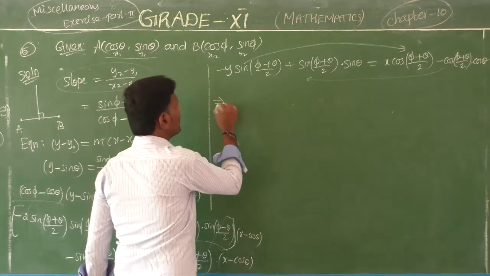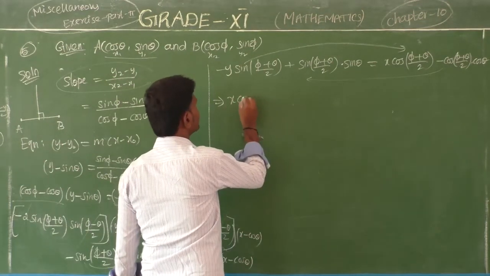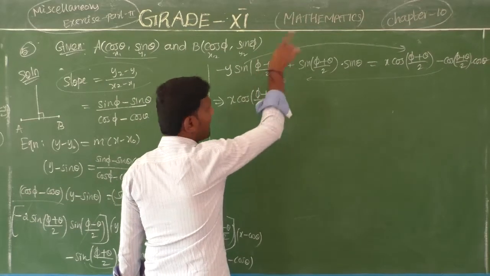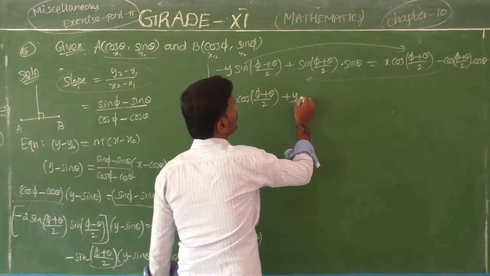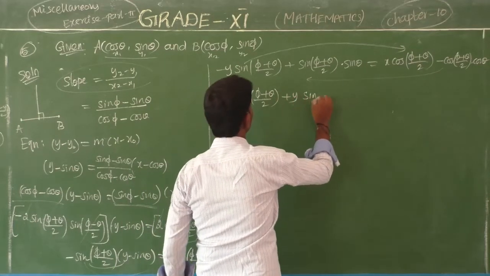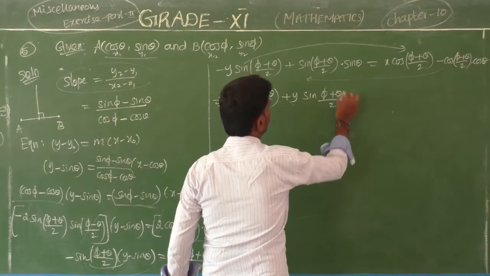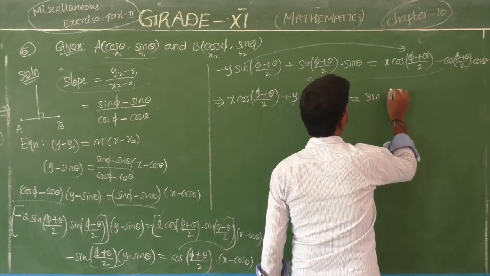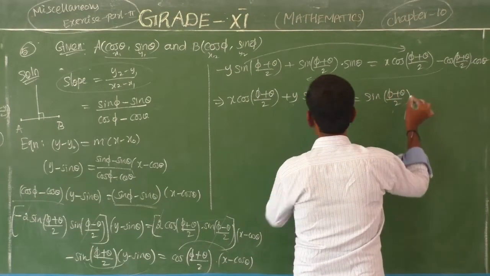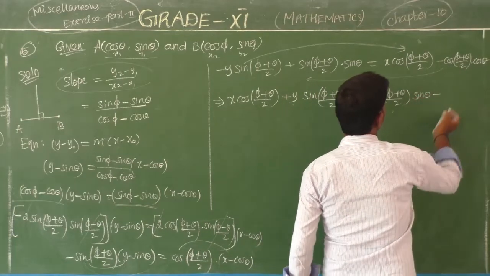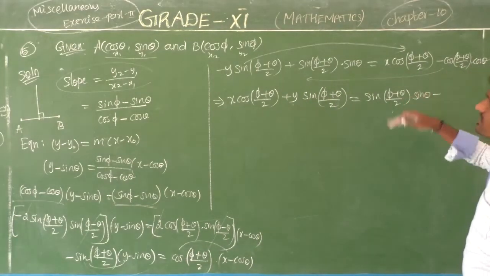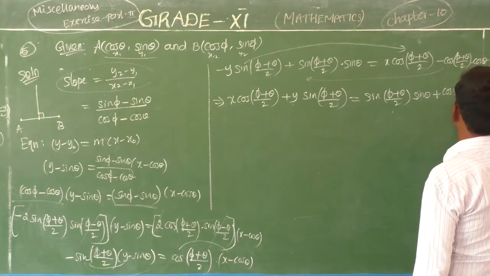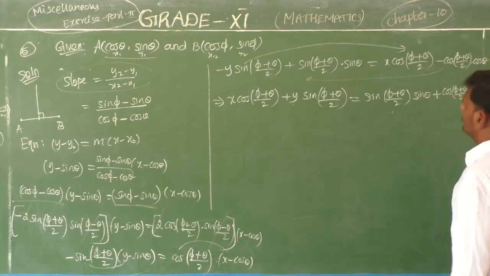So what is the final answer that will come? x into cos of phi plus theta by 2, plus y into sin of phi plus theta by 2, which is equal to sin of phi plus theta by 2 into sin theta plus cos of phi plus theta by 2 into cos theta.